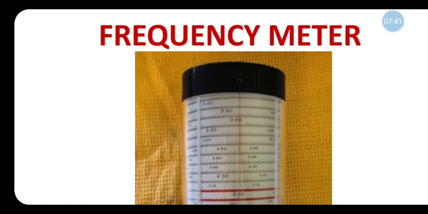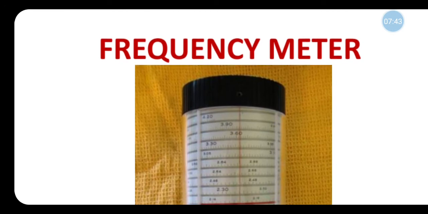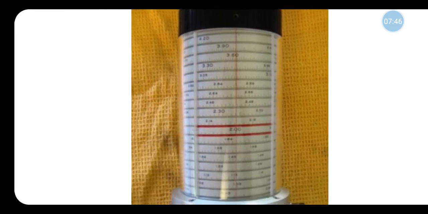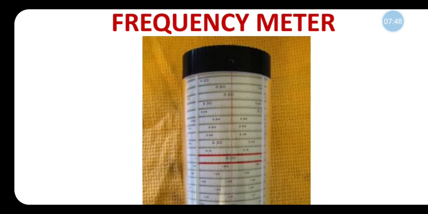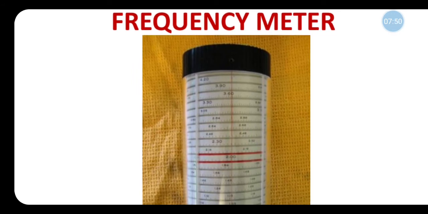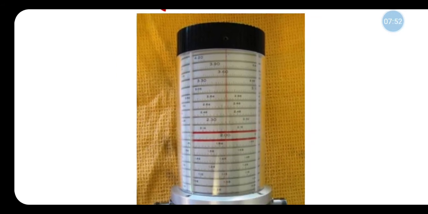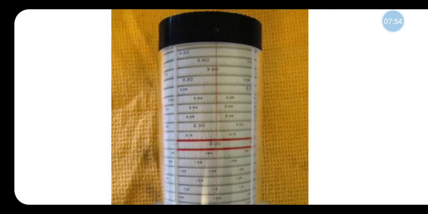Hope you are aware of the various bands of microwave frequencies. So in this frequency meter, you can see two horizontal lines and one vertical line, and that intersection point will give the frequency measurement.